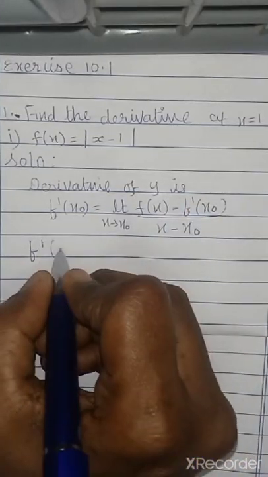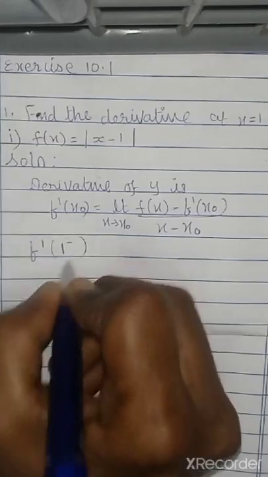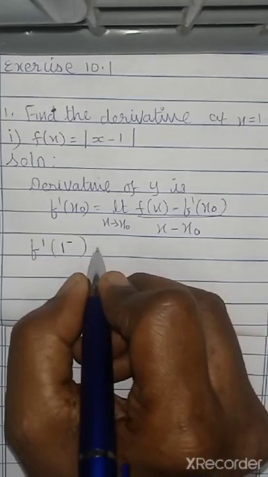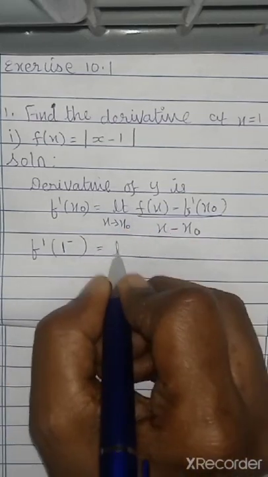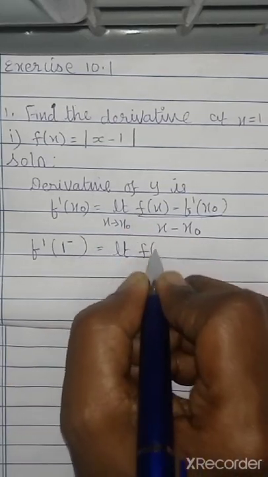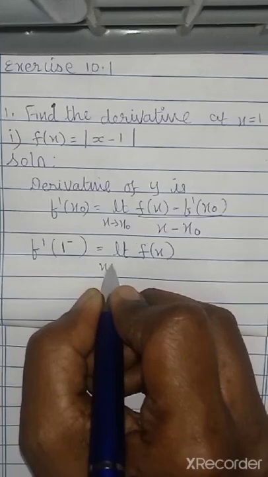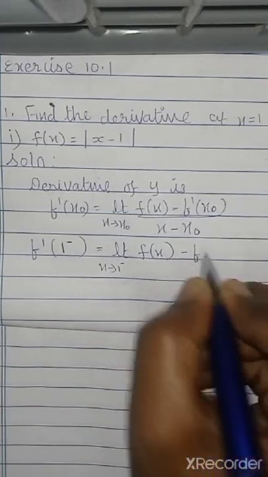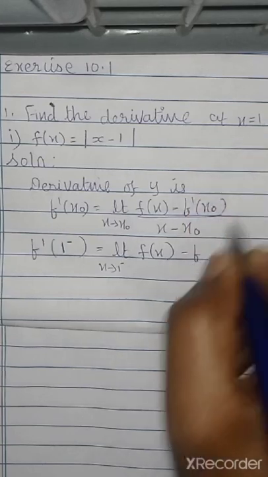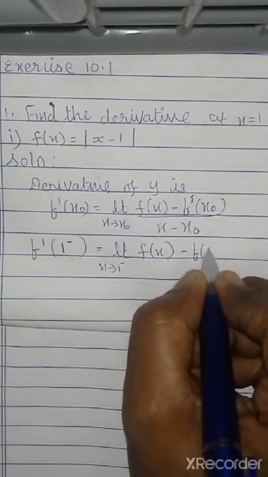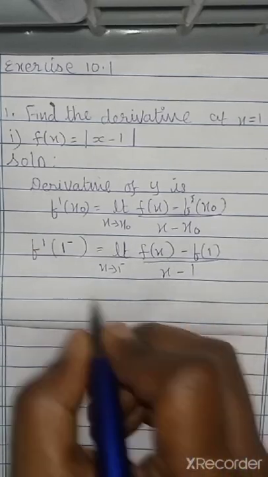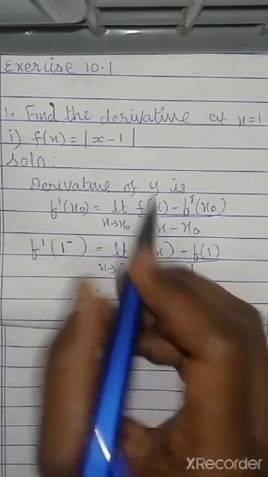So f dash of 1 minus means left of 1. So f dash of 1 minus equals, what is the formula? Limit x tends to 1 minus of f of x minus f of 1 divided by x minus 1, which equals, what is your f of x function?